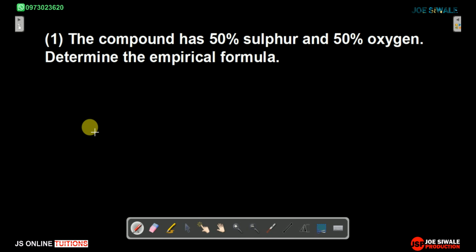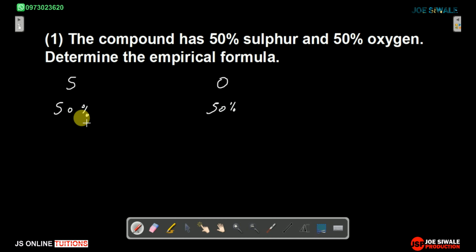So the first thing is to identify the elements. We have two elements there. We have sulfur. We also have oxygen. Then we have been told that sulfur is 50%, and oxygen we have been told it's 50%.